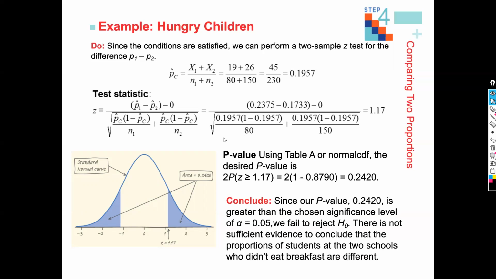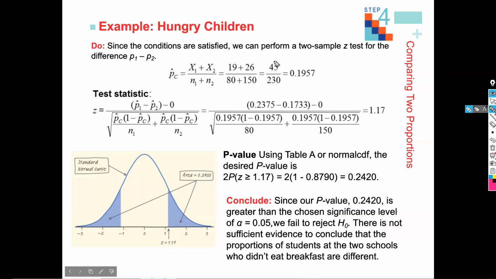So again, the thing to notice here is that this pooled proportion, the 0.1957, went into the standard deviation formula here, here, here, and here. And then our p hat 1 and p hat 2 went on the top of the formula in our value, minus our mean, which is 0 because we're treating these as being the same.